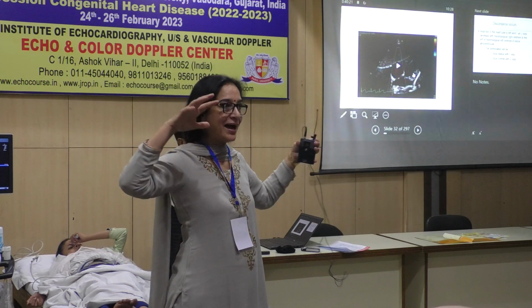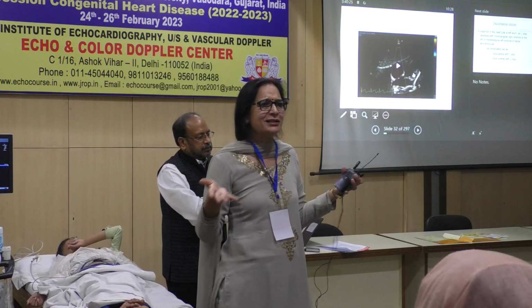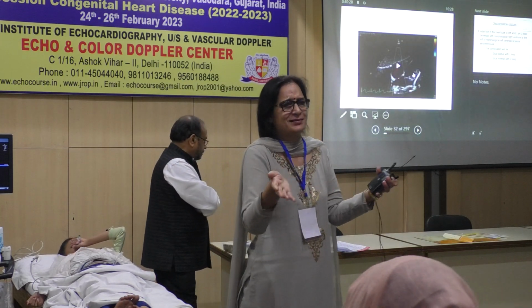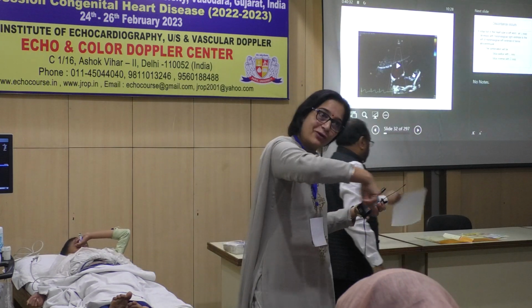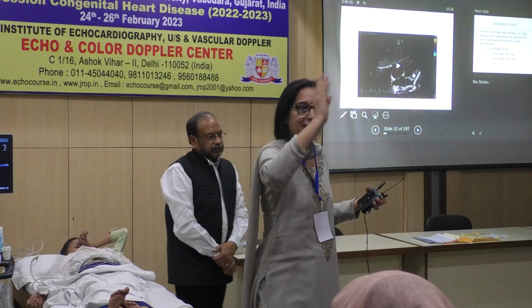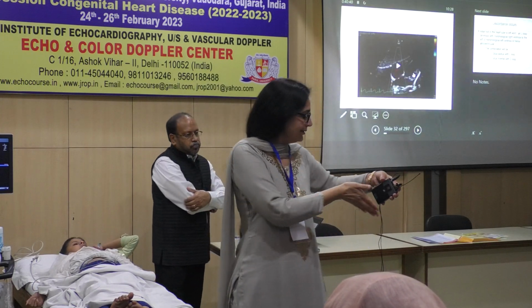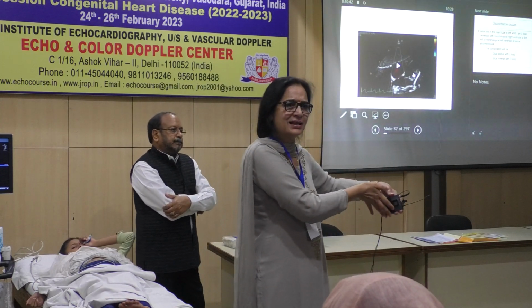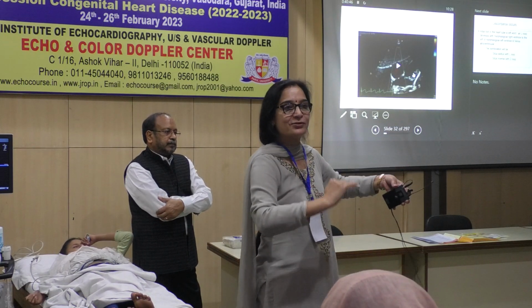So you can imagine any combination you can have. The offsetting was very typical of corrected TGA, meaning an L-loop ventricle, but it was not; it was a D-loop ventricle. Morphologically it was LV, it was not a right ventricle. Normally we say the AV valve goes with the ventricle, and it was going with the ventricle, typical of a mitral valve, with a single papillary muscle to the free wall of the left ventricle, but the offsetting was reverse.